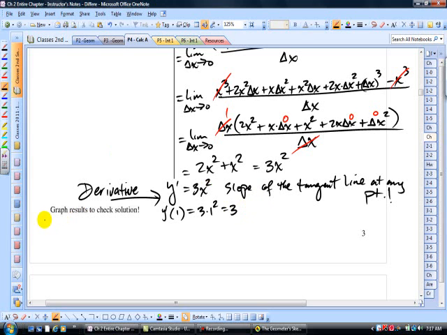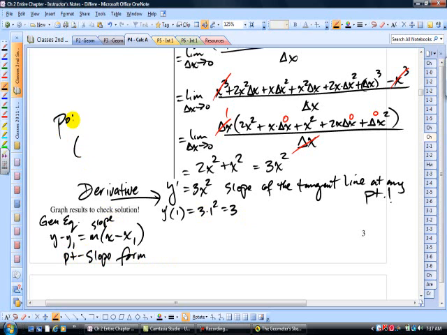So my general equation that I use for all problems is y minus y1 is equal to m times x minus x1, where m represents your slope. This is called point slope form. And my point is 1, 1, the point of tangency given in the problem.